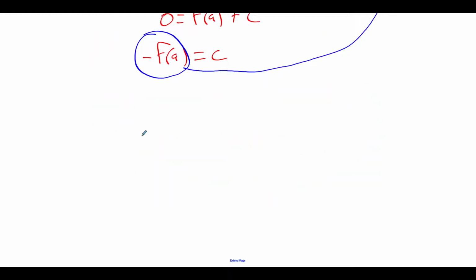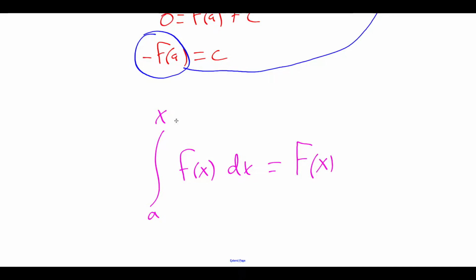So what this all leads to, in order to evaluate a definite integral, if we want to look at the integral of some f of x function from a to some x value, is that we take the antiderivative at whatever our upper limit x value is, and we subtract the antiderivative at whatever our lower limit a value is.